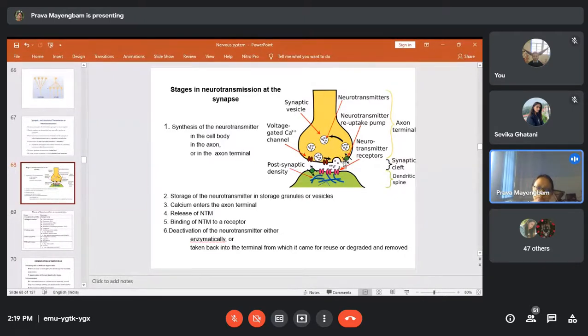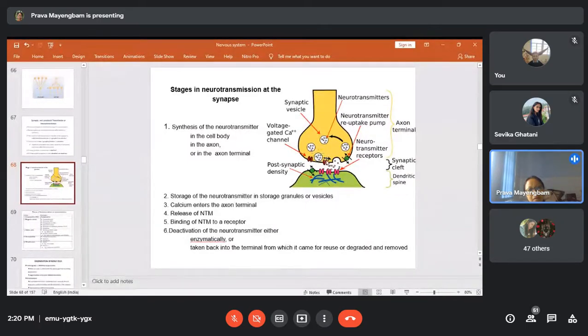During this, there will be migration of the vesicles from this area towards the end of this axon terminal, towards the synaptic site. Slowly and slowly this vesicle will migrate towards the end. Okay.